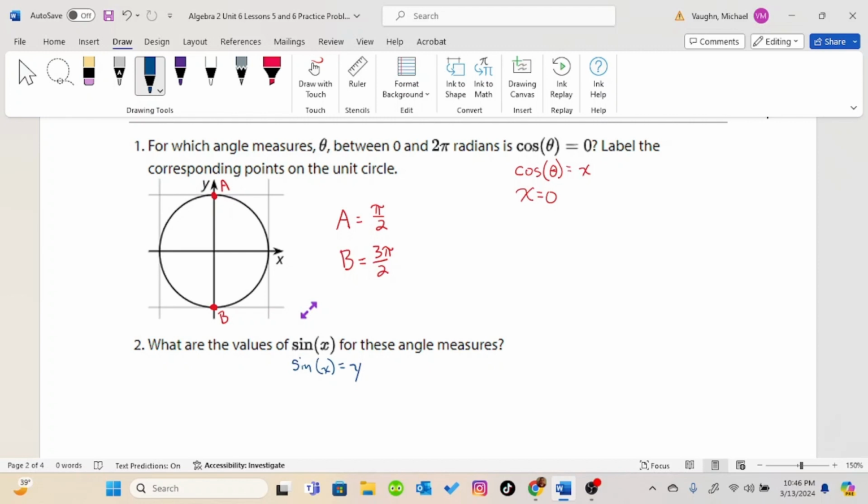So for point A, sine of x equals +1 because it's up here at the top where y equals 1. And for point B, sine of x equals -1 because it's down here at the bottom where y equals -1.